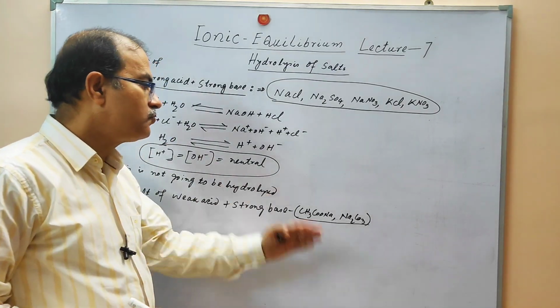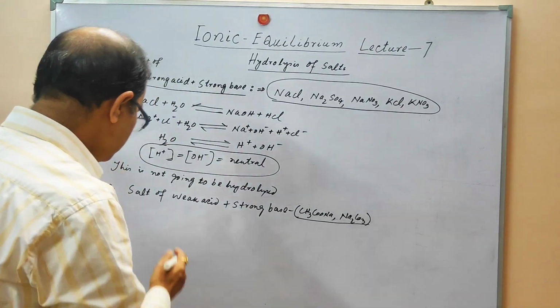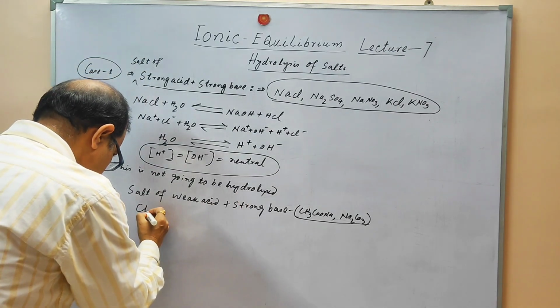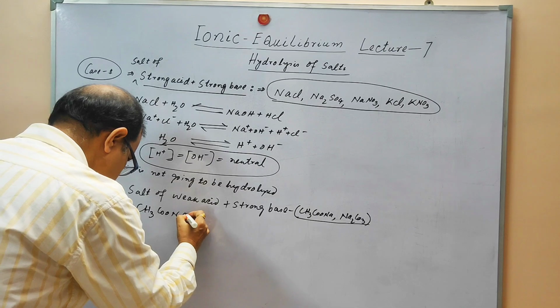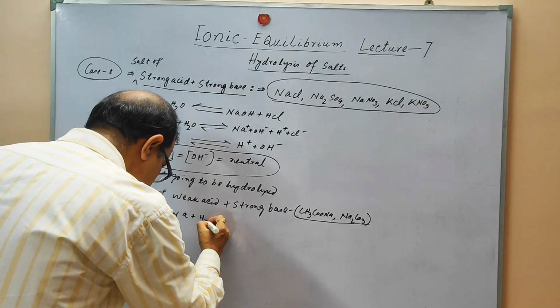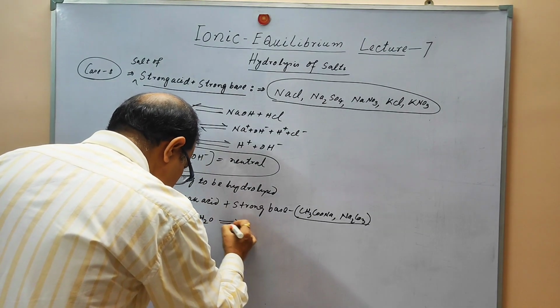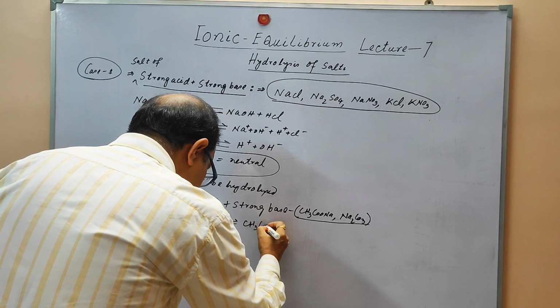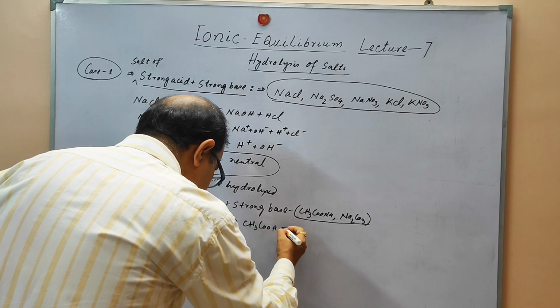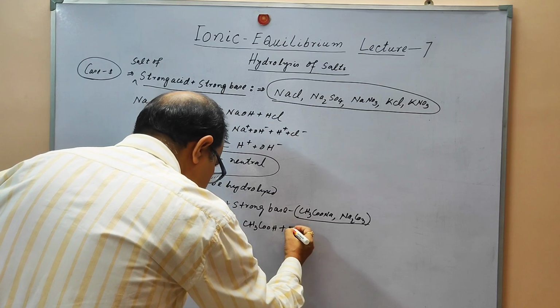For this weak acid and strong base, we can write the hydrolysis equation in this way: CH3COONa plus H2O gives CH3COOH, acetic acid, plus NaOH.